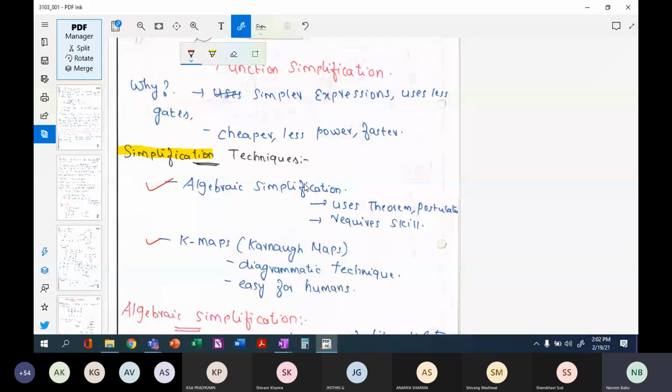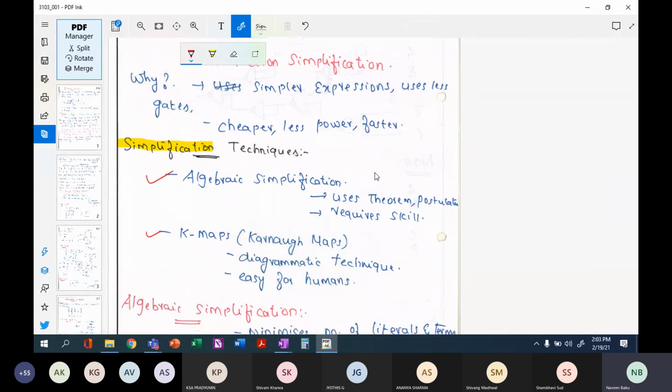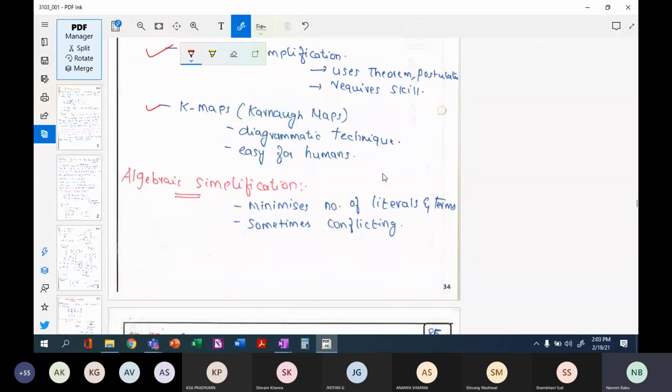Again, for example, I gave you an example in the last class itself, that if two students are coming up with an expression, one might have an expression of 5 variables, but the other might have an expression of 3 variables only. And with the minimum number of gates, only the one who is producing the output with just a minimal number of gates will be considered as a simpler design. So always your objective must be to use as few gates as possible.